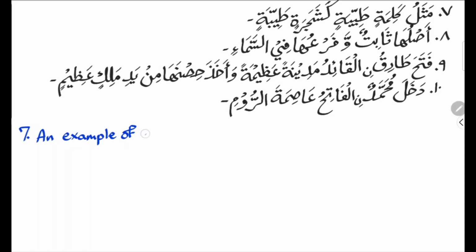So an example of a good word. Ka means is like. Is like شجرة طيبة. طيبة, good. شجرة, tree. Is like a good tree.